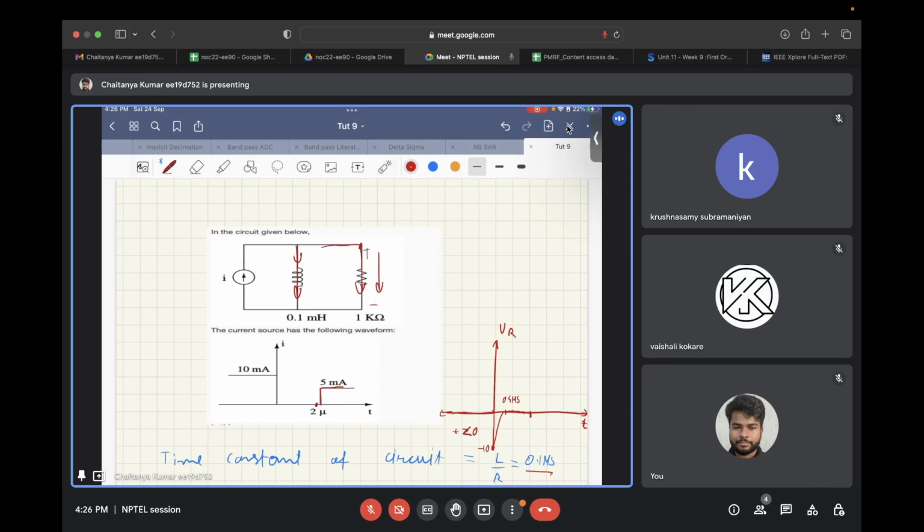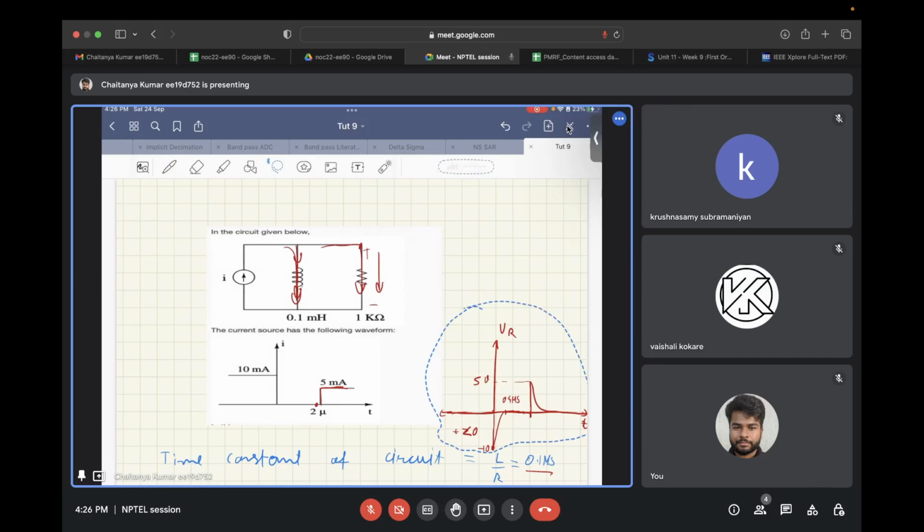Earlier it was minus 10 volts. Now there will be a spike of 5 volts, and slowly it will again settle down to zero when all this 5 milliamps will start flowing through this inductor.